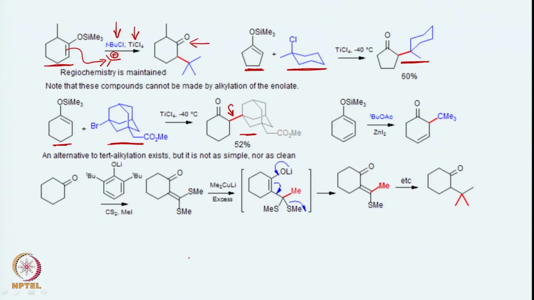Now, if we take a tertiary butyl acetate and use iodide, then this dienol silyl ether leads to the formation of this particular tertiary butyl group that is attached. If we look in the literature at how such tertiary butyl groups are introduced, there are not that many straightforward methods. So, enol silyl ether is a very easy way by which we can introduce tertiary groups alpha to the carbonyl group.